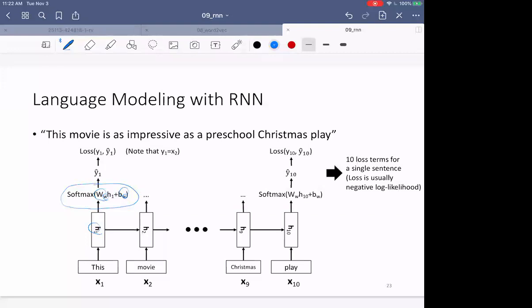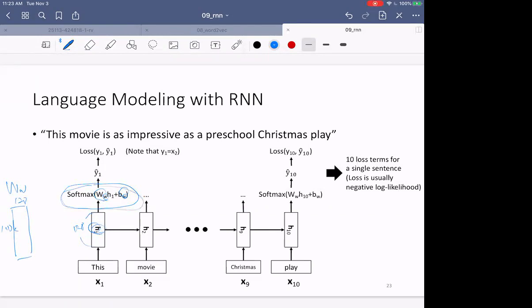So matrix W_W will be what? If we assume that this is 128 dimensional, then it will be 128 times 100,000, because now you're taking your H1 and converting that to a logit of your word probabilities, right?